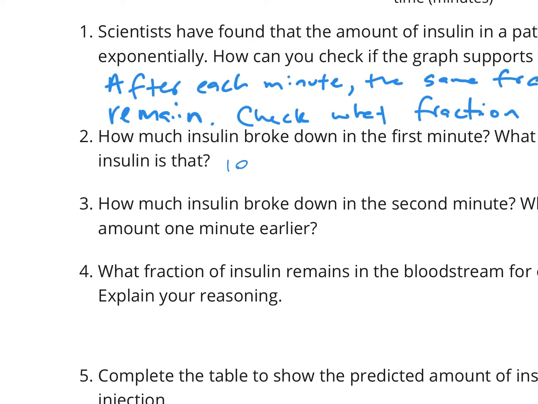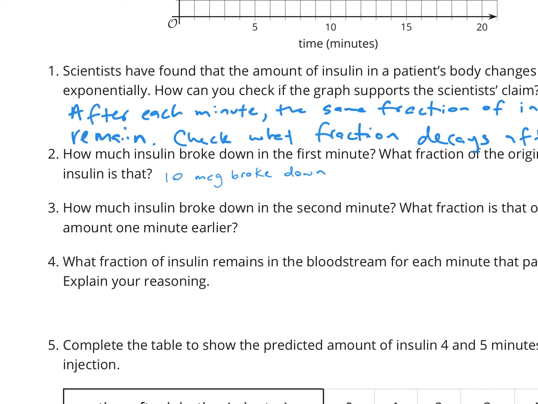And then this means that for the fraction, since we know it broke down by 10 micrograms, and the previous amount was 100, that's 10 hundredths, which simplifies to 1/10.